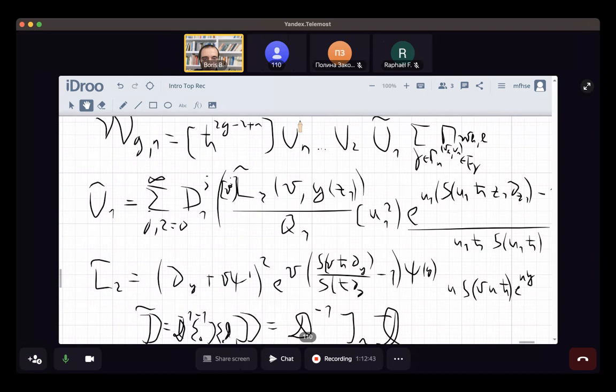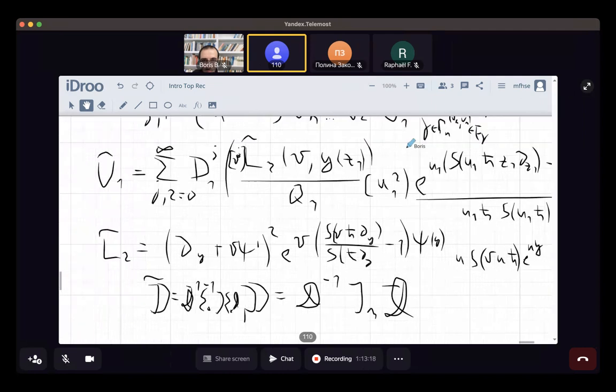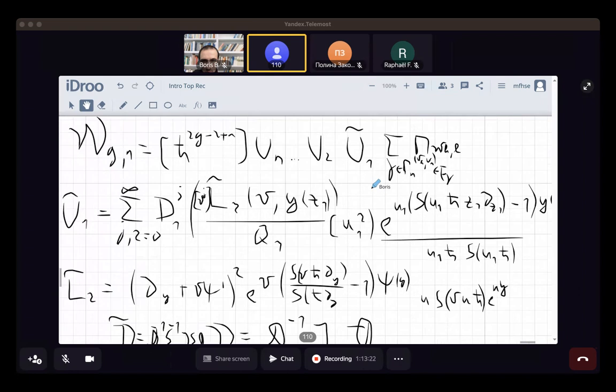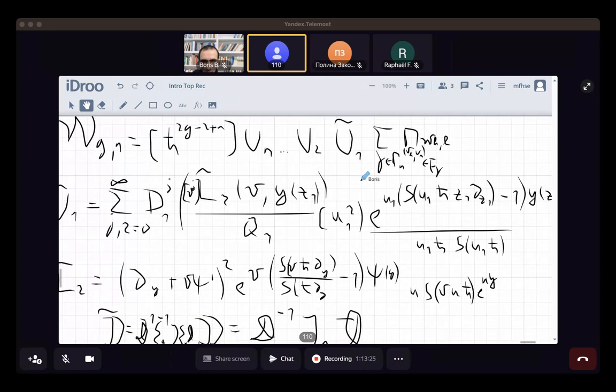So for this second theorem, the logic is precisely the same. In place of just curly D, you get D times E0, and then do the same steps, and after that you arrive at this formula where the only difference is in this LR.